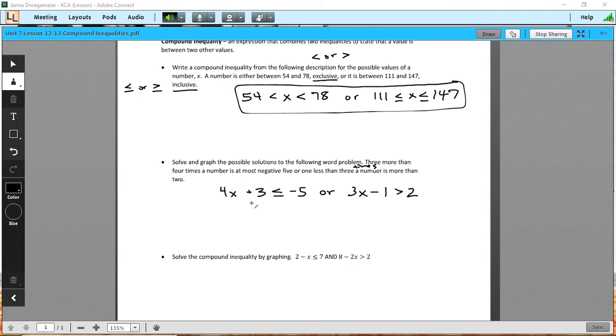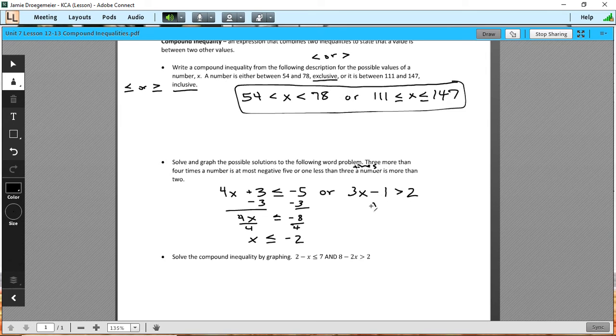So let's solve this first one. I'm going to subtract 3 from each side, which gives me 4x less than or equal to -8. And then I divide each side by 4, and I get that x is less than or equal to -8 divided by 4, which is -2.